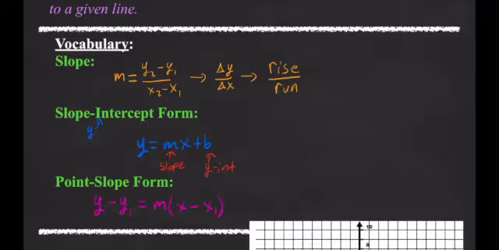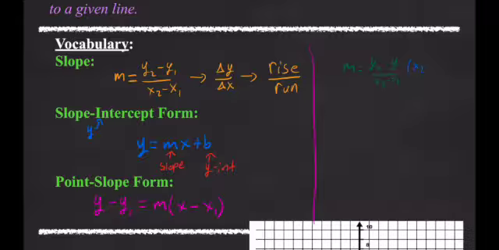By the way, how we get point slope form comes directly from slope. So let me just quickly show you how this works. We have m equals y2 minus y1 over x2 minus x1. If you wanted to write this without the fraction, we can get rid of the fraction by multiplying by the denominator.